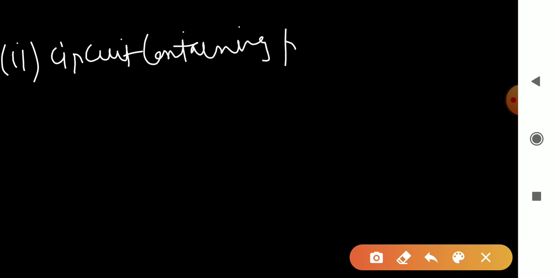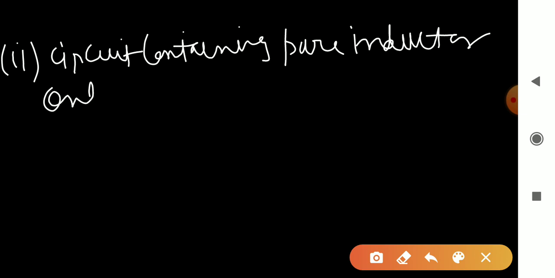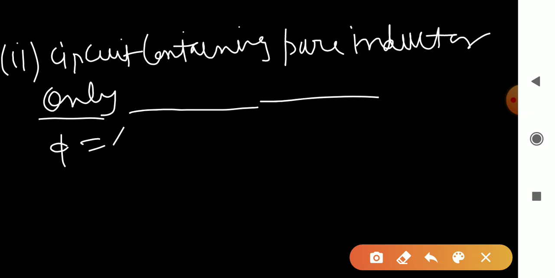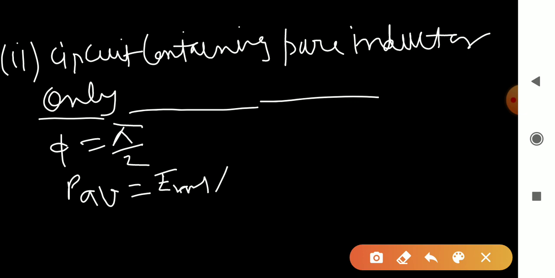Now the second point is the circuit containing pure inductor only. In this case the phase angle between E and I is pi by 2. So average power in this circuit is E RMS I RMS cos 90, and cos 90 is 0.